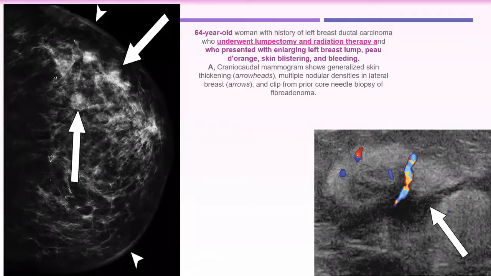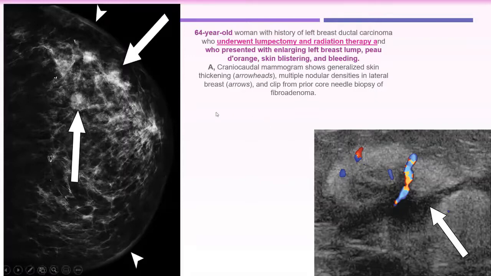We have to think about rare lesions like sarcomas, post-radiation sarcoma. For post-radiation sarcoma, the commonest is angiosarcoma. Look for the clue: the patient had previous cancer, underwent lumpectomy and radiation therapy, and now presents with an enlarging left breast lump, big, orange, with skin blistering and bleeding. It is usually associated with skin changes.